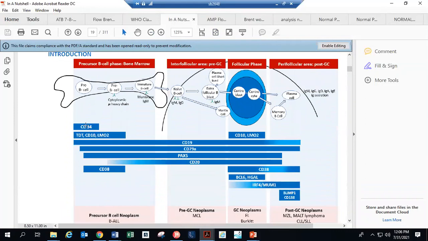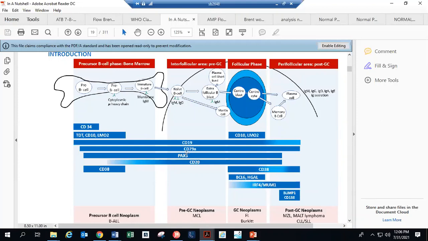We read 34 negative in case of pre and immature B cells, TDT negative in case of immature B cells. They will be more in the early forms. 10 and LMO2 are more of follicular or germinal center markers, and can, however, be present in the early forms as well. 19 will get dimmer in case of plasma cells, but it is still there. In the normal plasma cells, it will lose 19 altogether.